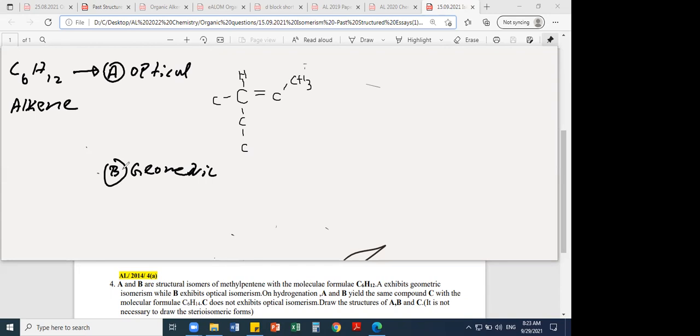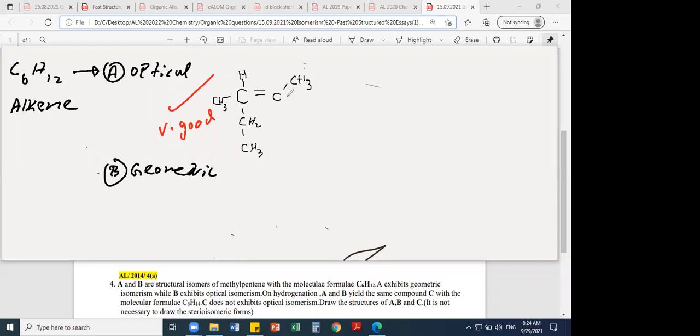Right. Very good. Okay, so this is correct. So this is optical, no? Very good. So then I will fill the hydrogen also to complete this. This is correct. Right. So this is CH2. This is CH3. And at the end you get the correct formula also.